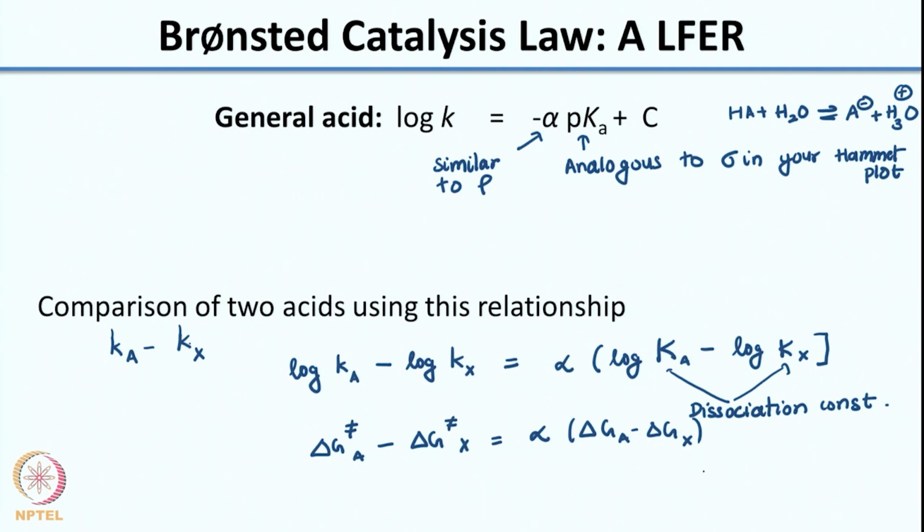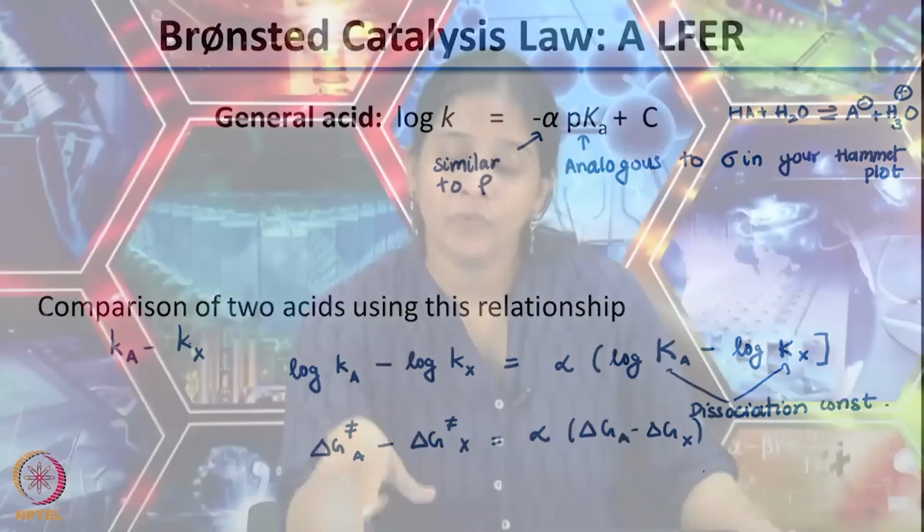So, now we have found another free energy relationship which compares the acidity of two general acids, alright. And this coefficient alpha tells you how sensitive a particular reaction is to protonation or deprotonation, alright.